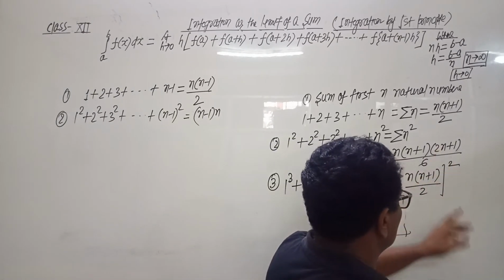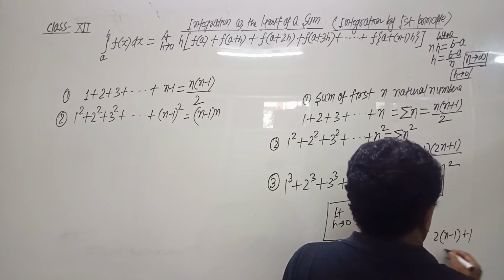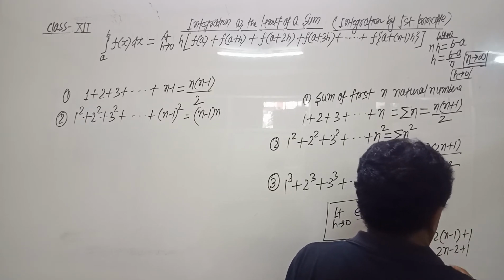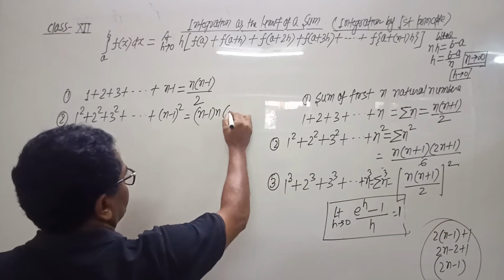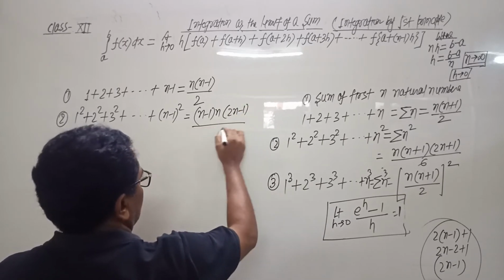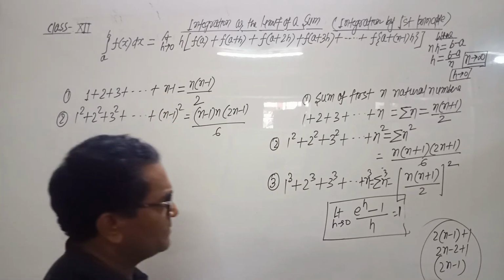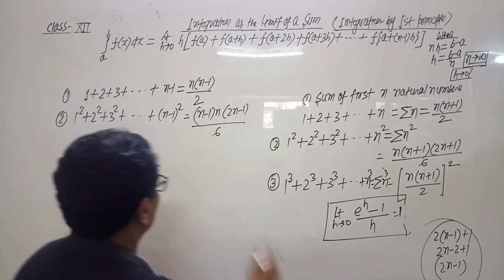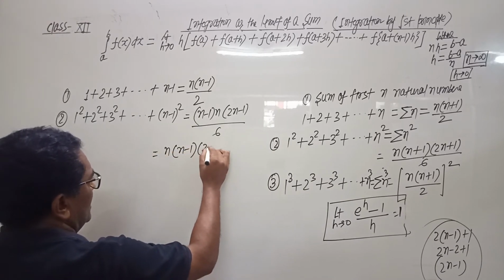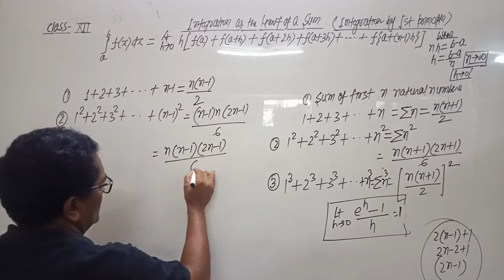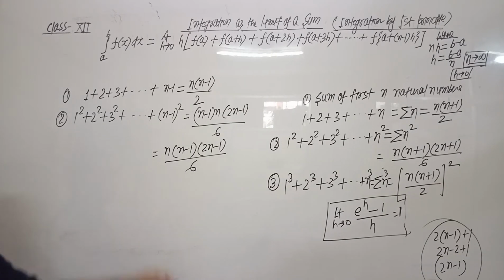Then 2 into (n minus 1) plus 1 is 2n minus 2 plus 1, which is 2n minus 1, upon 6. What we are doing? For getting the sum to n minus 1 terms, we are replacing n by n minus 1. So this expression can be written as n into (n minus 1) into (2n minus 1) upon 6. This is the sum of squares of n minus 1 terms.